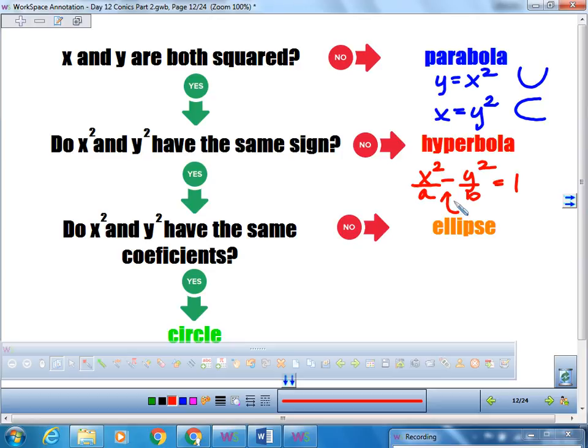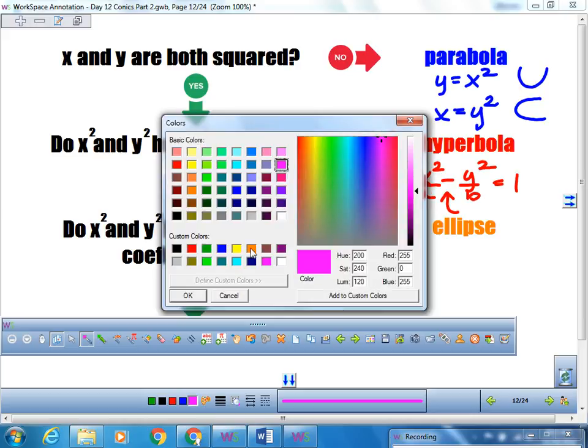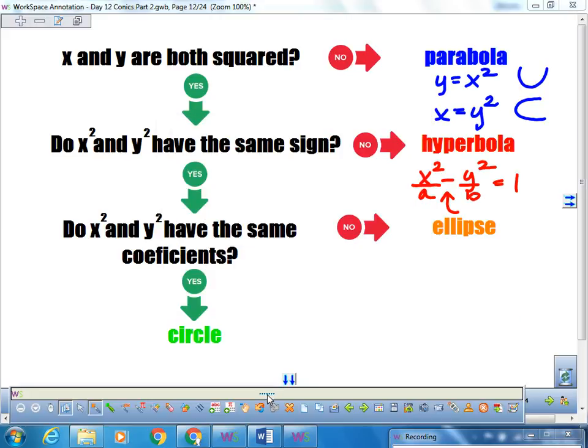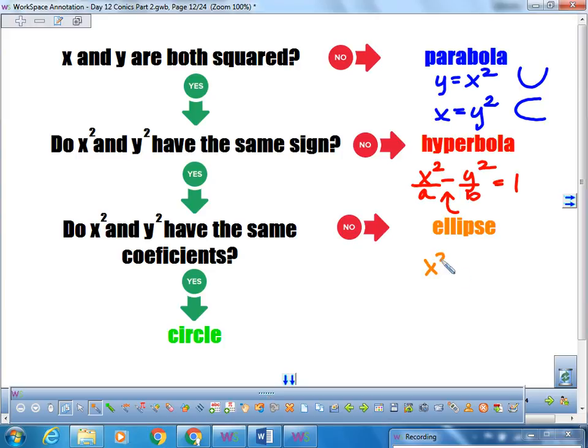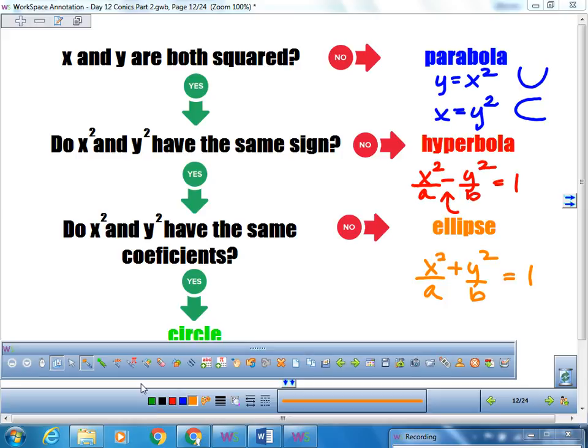Do x squared and y squared have the same coefficients? If they don't, we have an ellipse. If they do, we have a circle. So an ellipse would be x squared over a plus y squared over b equals 1, but a circle looks like this.